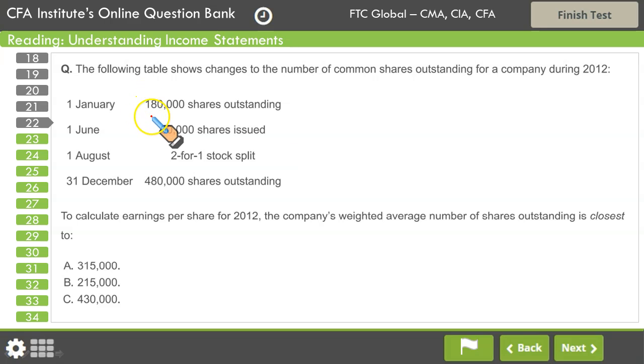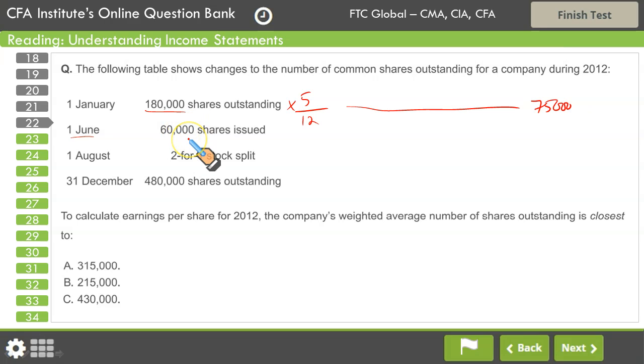The first transaction occurred on 1st June, which means from 1st January to the end of May, 5 months, there was no stock transaction. So these 180,000 shares remained outstanding for 5 months out of 12, giving 75,000 shares.